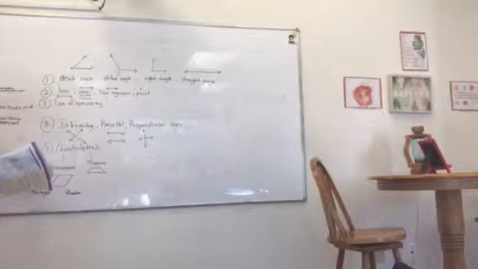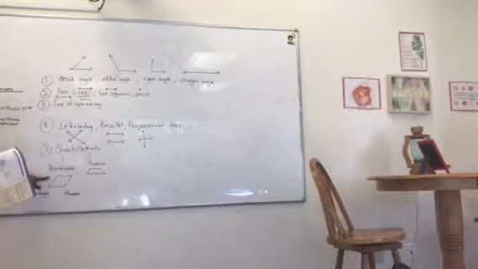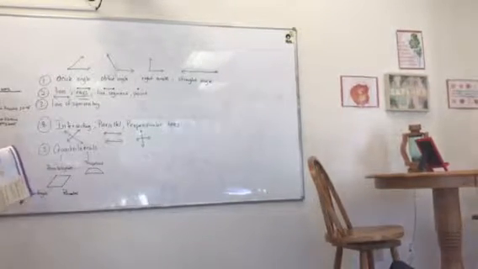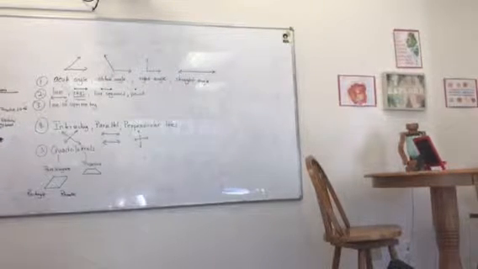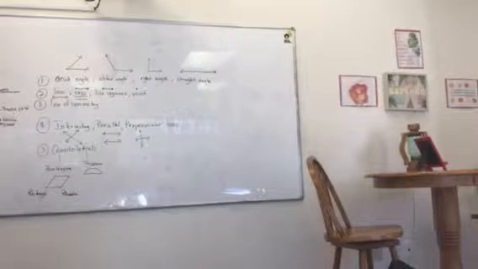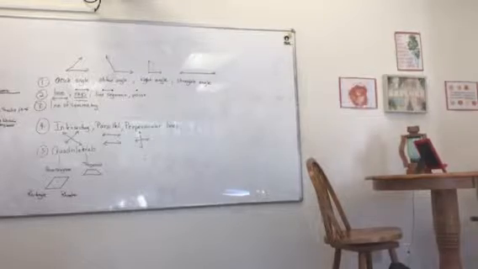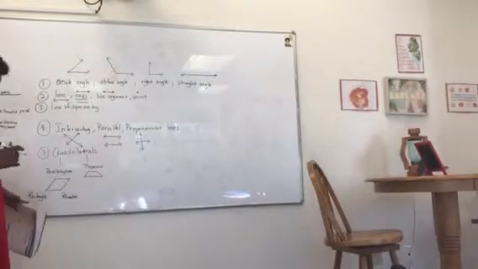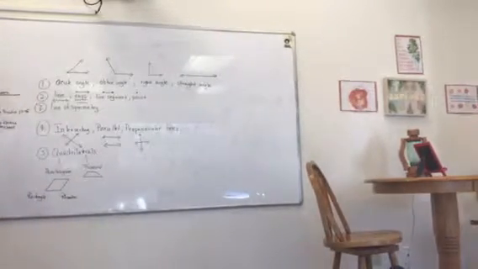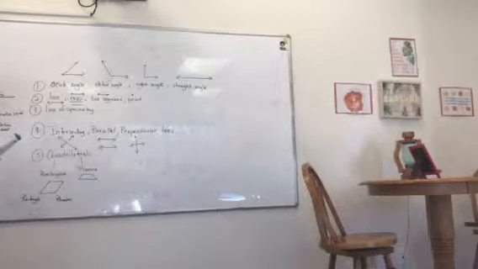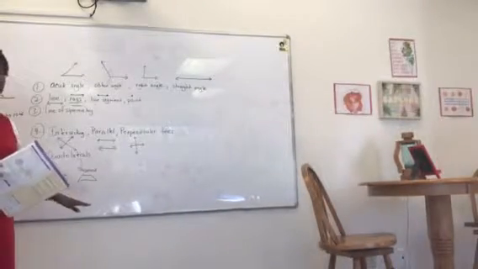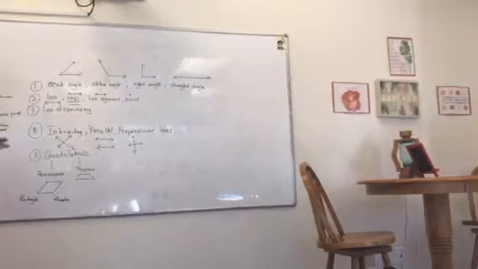So just like a parallelogram, you have 2 pairs of parallel lines, but you also have 4 right angles. With a rhombus, you have 2 pairs of parallel lines, but all the sides are equal. Again, with a rhombus, you have 2 pairs of parallel lines and all sides are equal. You don't necessarily have 4 right angles.